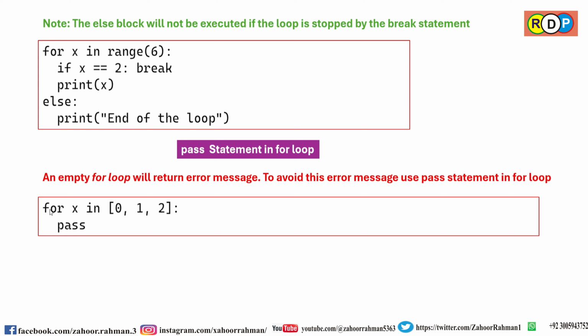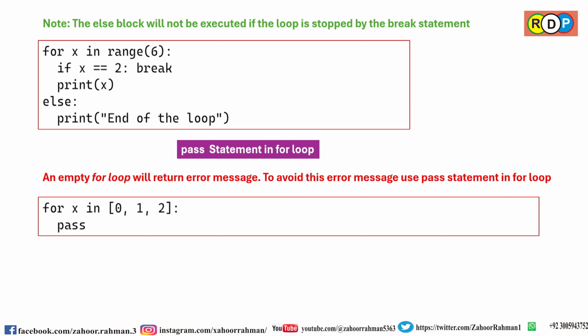So if the for loop is empty, then it will return an error message. To avoid this error message, use the pass statement in the for loop. So write pass, and it will not give you the error message, and it will directly move to the next available statement after the for. I am not running this program because it will not give you anything. It will only give you a blank screen, so try by yourself.